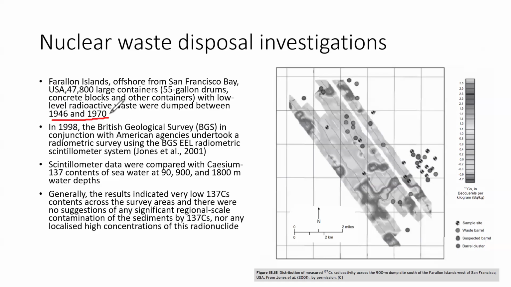They essentially dumped 47,000 containers of radioactive waste between 1946 and 1970. What they did here is a radiometric survey using a scintillometer system. A scintillometer can measure the intensity of radiation. They also compared it with the cesium-137 contents of seawater.